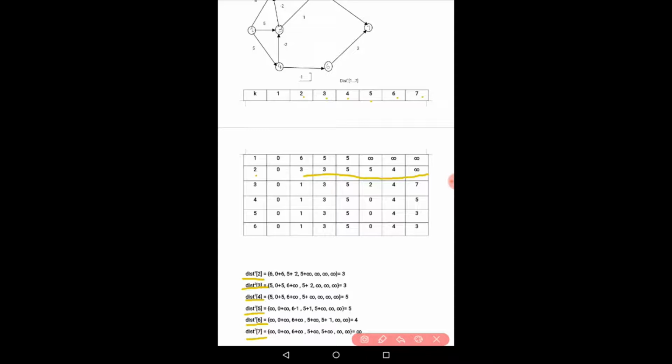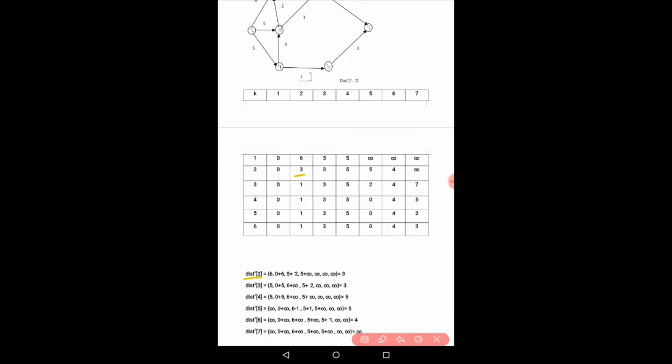First we can see how we will find out the distance. This cell value, distance 2,2, how are we finding it out? How we are calculating is, we have to take the minimum value from among a set of values.